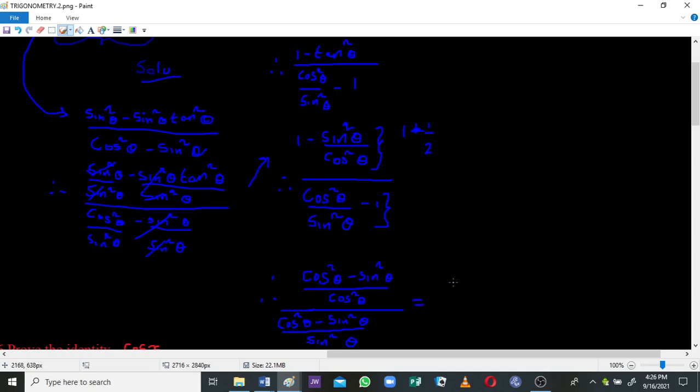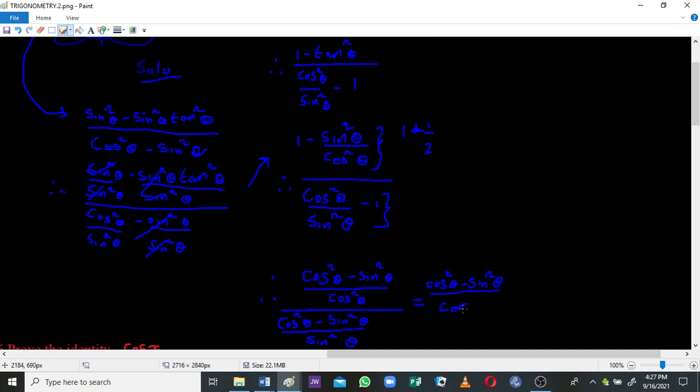All right, now what does this mean? What you have, you can rewrite it. If we rewrite this, we are going to have cos squared theta, right, minus sine squared theta, over cos squared theta.